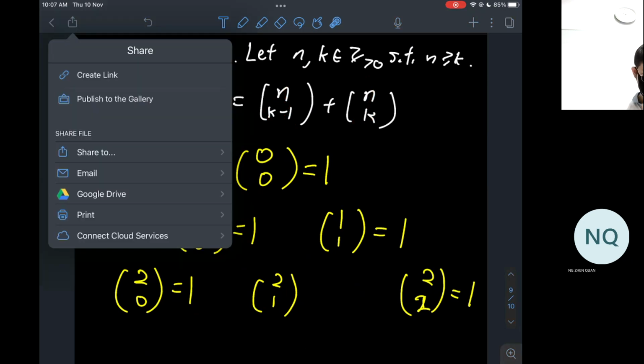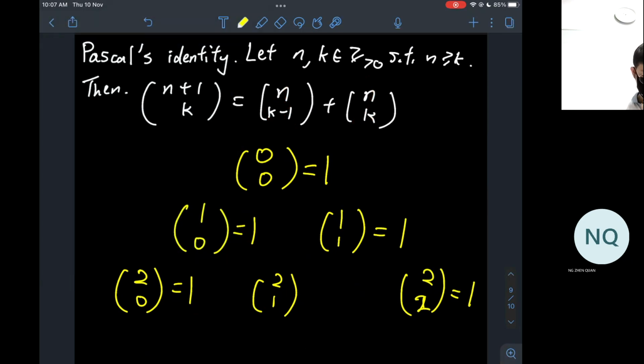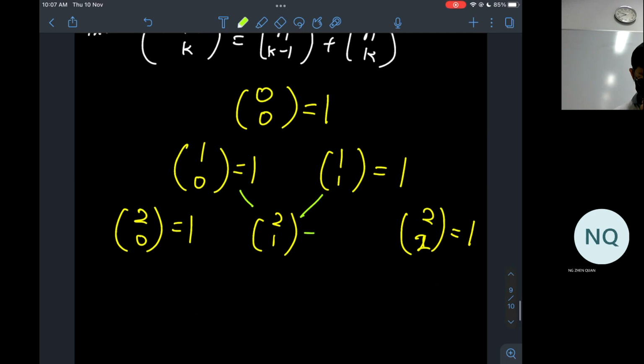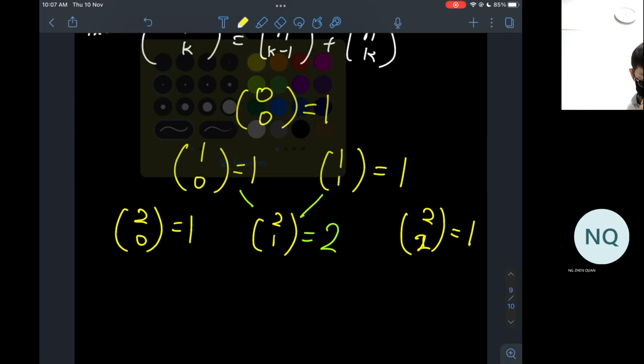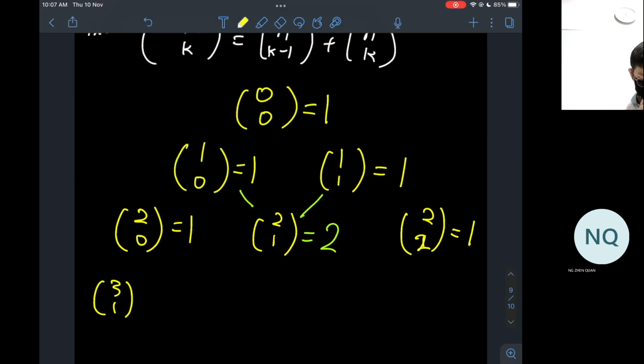So it's actually the sum of the previous two guys, which is 1 plus 1, is 2. And then 3, 0, 3, 1, 3, 2, and 3, 3.